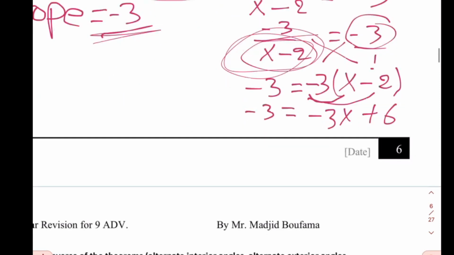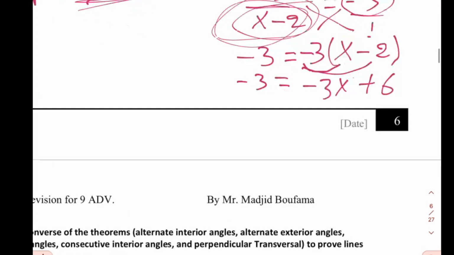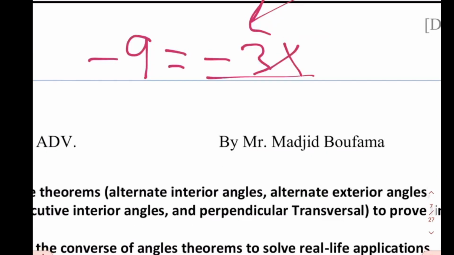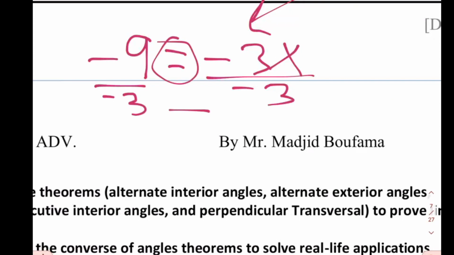And then carry on. Wow, alhamdulillah, there is some space I can carry on. Carry on here. Minus 6, you get minus 9 equals negative 3x. And then divide by negative 3. Remember, when you divide by negative, you change the direction. So this equal becomes like this.